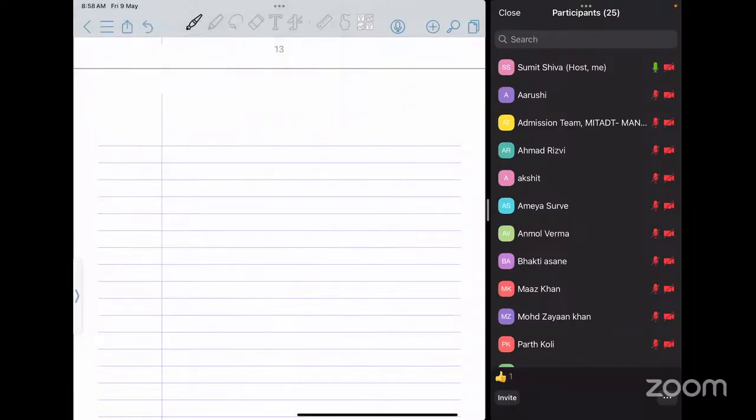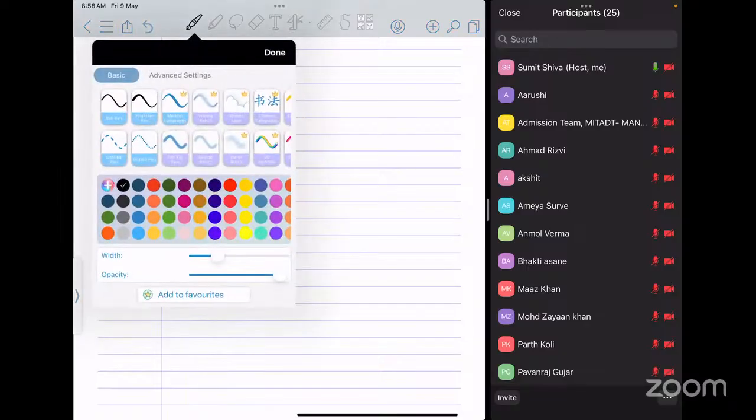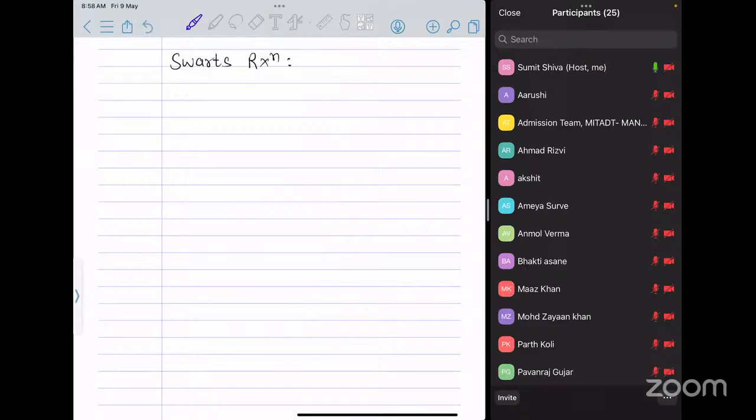Another important reaction is the Swarts reaction. This is a reaction which is especially used to prepare alkyl fluoride.